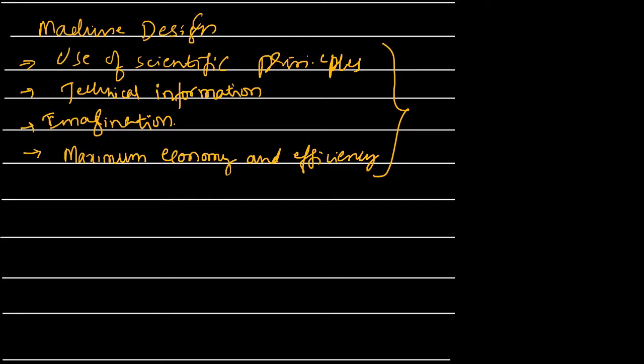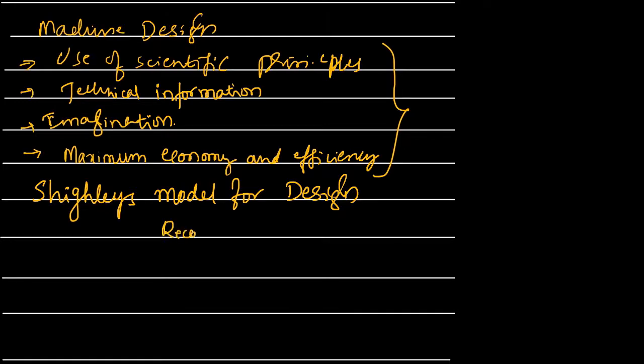Now if you look at Shigley's model for design, it normally includes 6 steps. First, recognition of need. Second step, you need to define the problem, that is, the definition of problem.